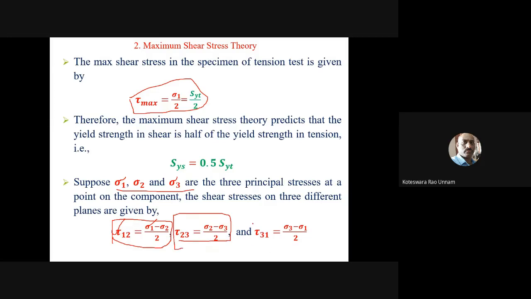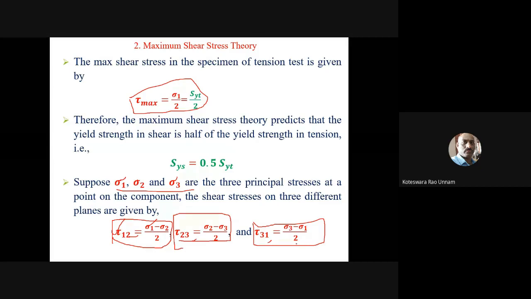And you have one more shear stress in the third plane, because it is triaxial, meaning three planes are there, with three different maximum shear stresses: tau 1, 2, tau 2, 3, and tau 3, 1. For tau 1, 2, it is sigma 1 minus sigma 2 by 2. Tau 2, 3 is sigma 2 minus sigma 3 by 2. Tau 3, 1 is sigma 3 minus sigma 1 by 2.